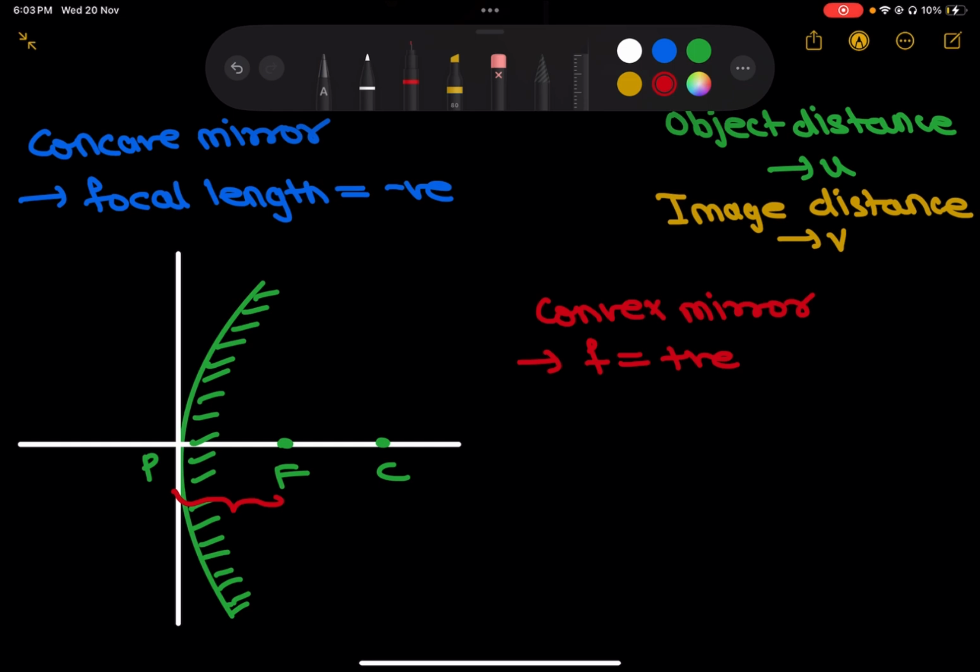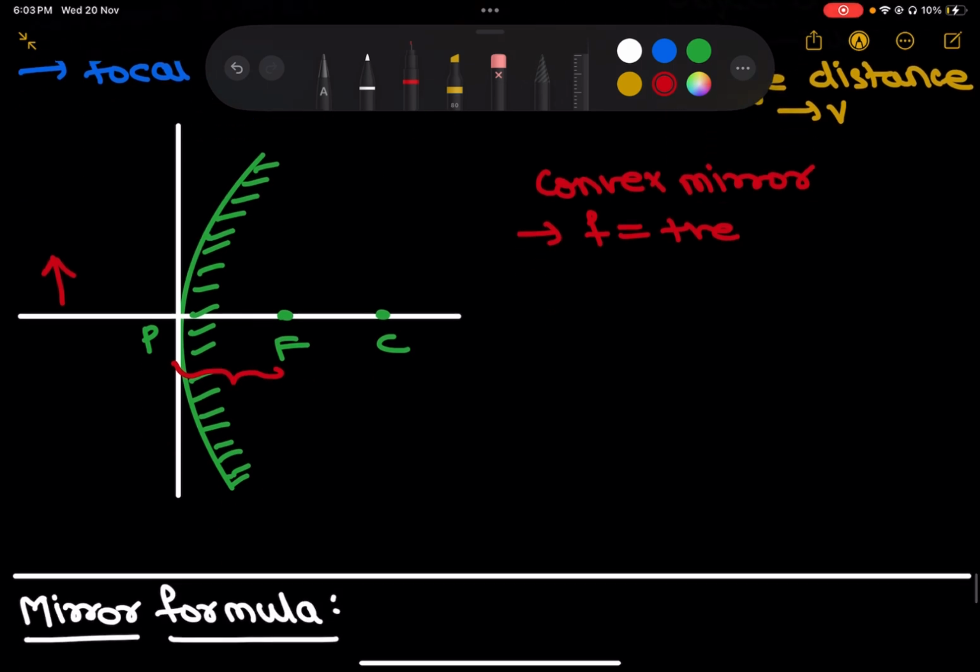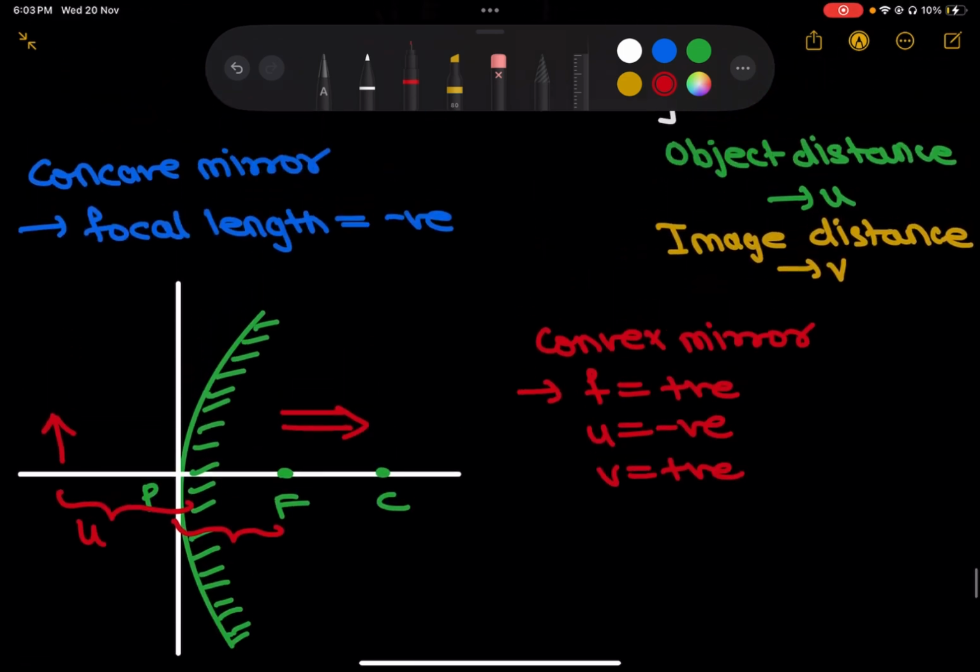Here also the object will be kept on this side. So the object distance u will be negative, right? And the image is always formed on this side, so v will always be positive.